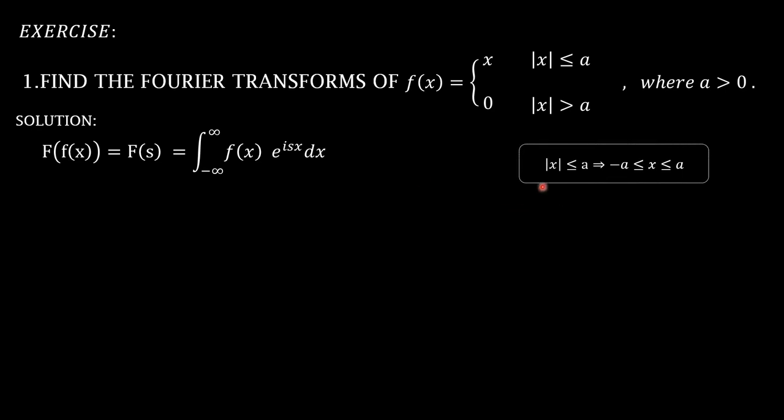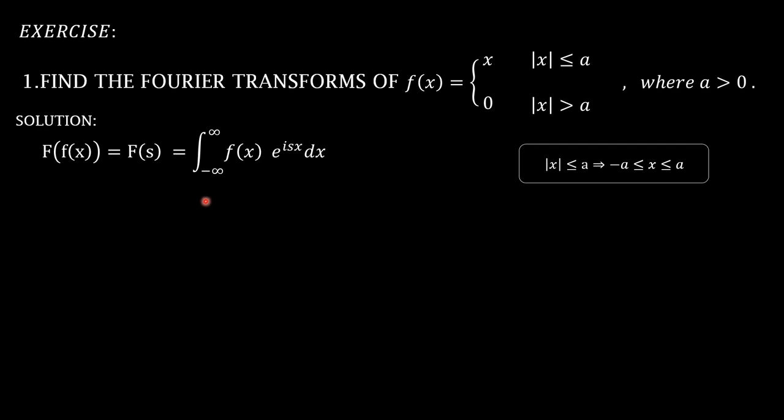Just make a note of it, students, mod x less than or equal to a implies x lies between minus a to a. However, the given function f of x is defined on the whole real line, but for all those mod x greater than a, the function value is 0, right?